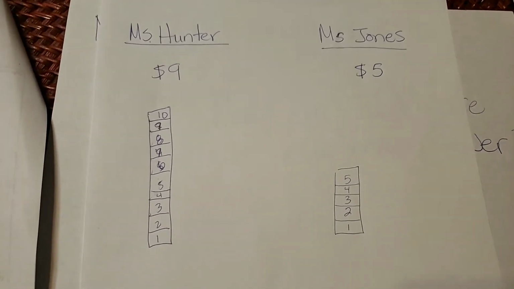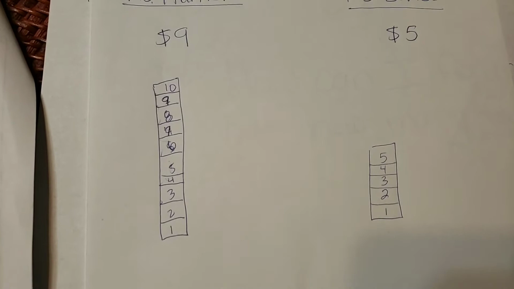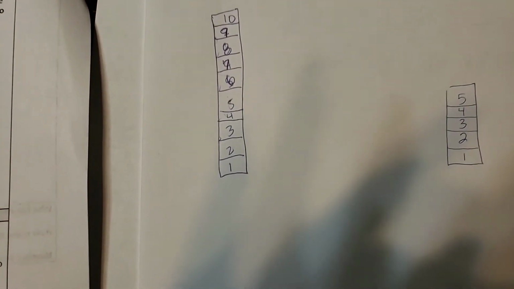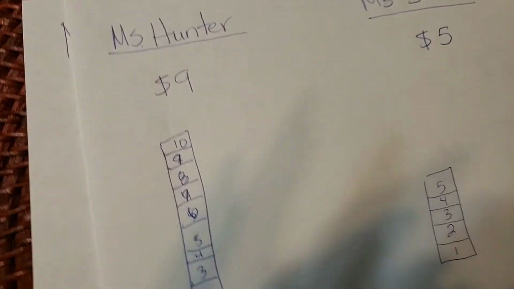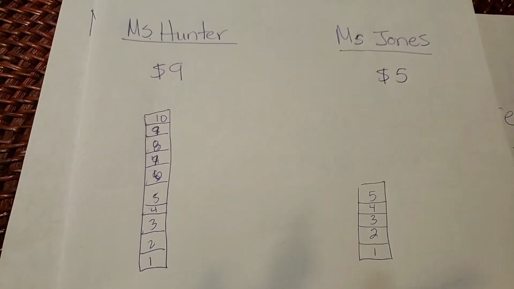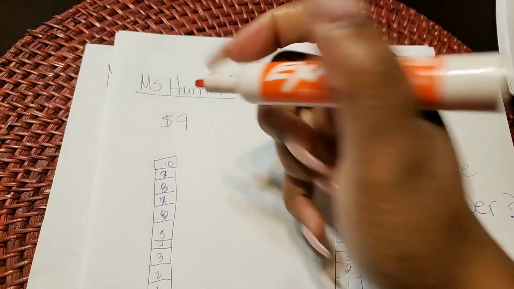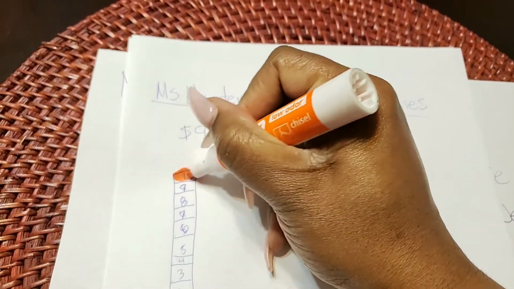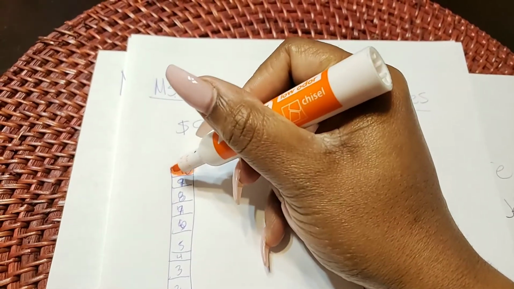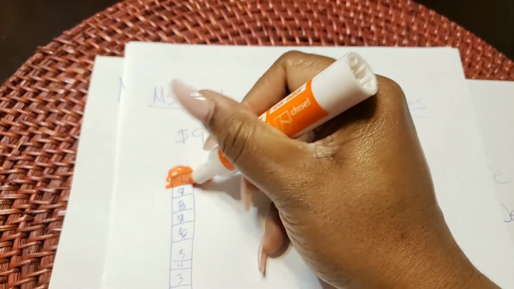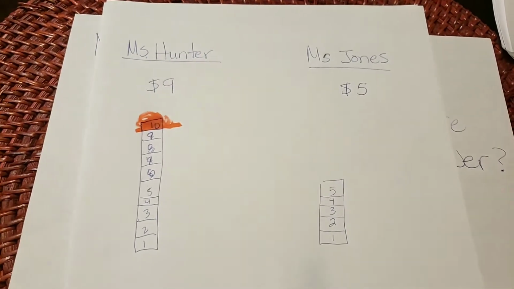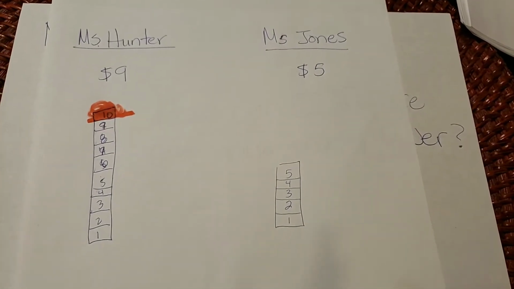If I was to break off the extras, let me correct my cubes, because Miss Hunter is supposed to have 9. I made a mistake and put 10. So we're not going to worry about this one right here. We're just going to have 9. How many? Yes, 9. All right. So Miss Hunter has $9 and Miss Jones has 5.